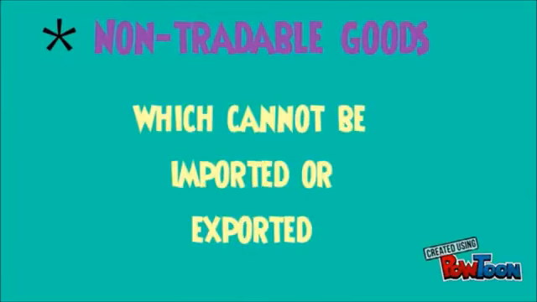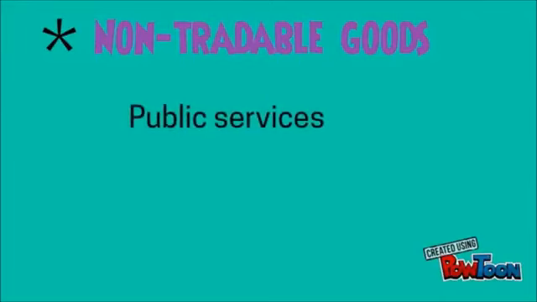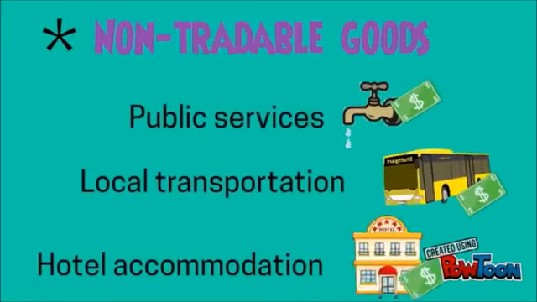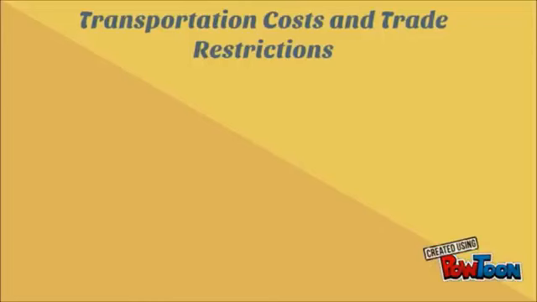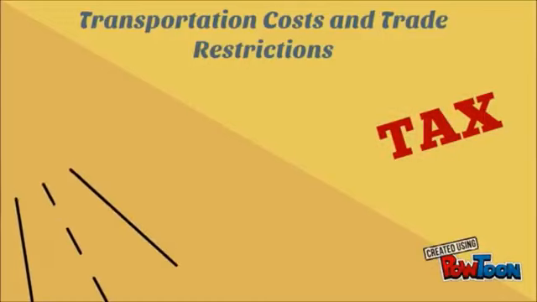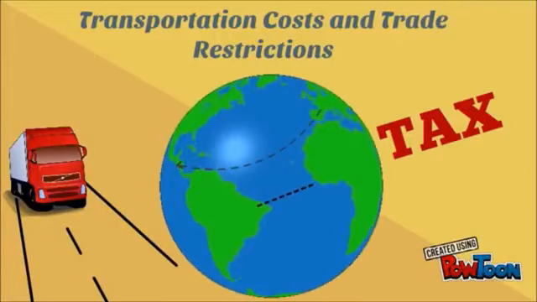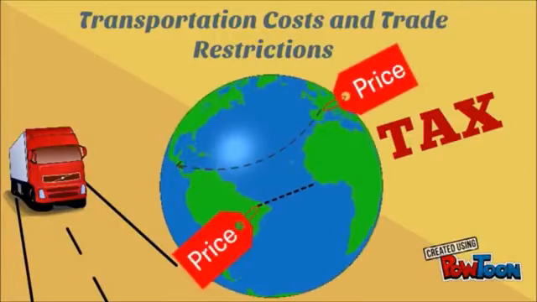For instance, you cannot trade public services such as water supply and local transportation, or hotel accommodation. Absolute purchasing power parity assumes that taxes and transportation costs do not exist, which is not true. So, because of different transportation costs, prices will be different.